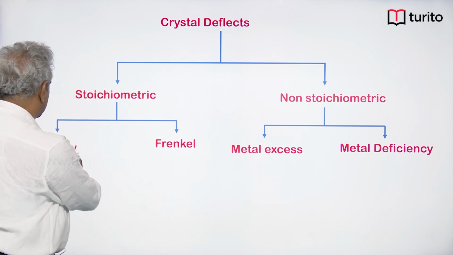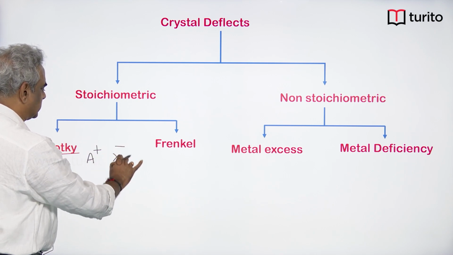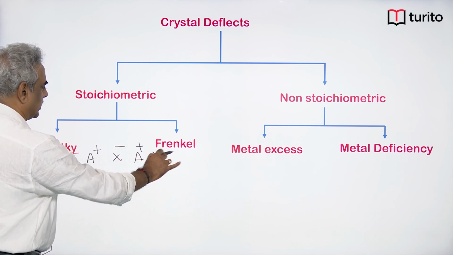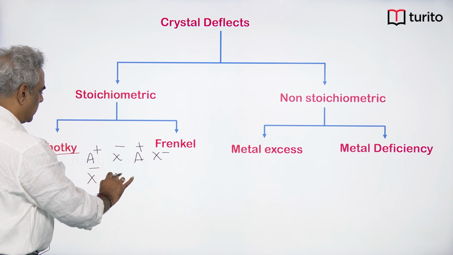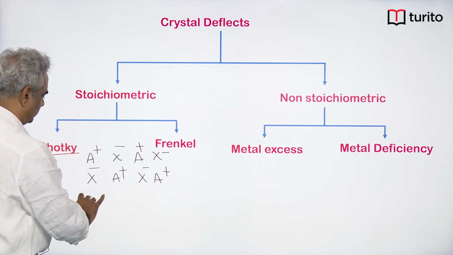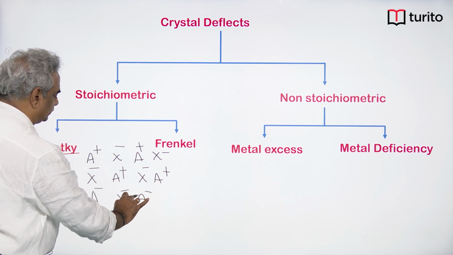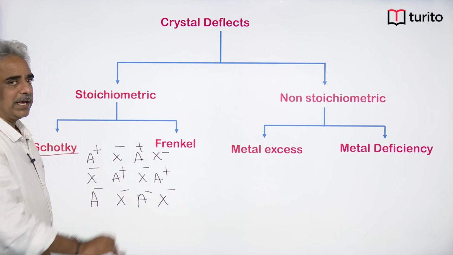Suppose in a Schottky defect you have A+ X- A+ X- X- A+ and X- A+, this is the healthy ideal crystal.